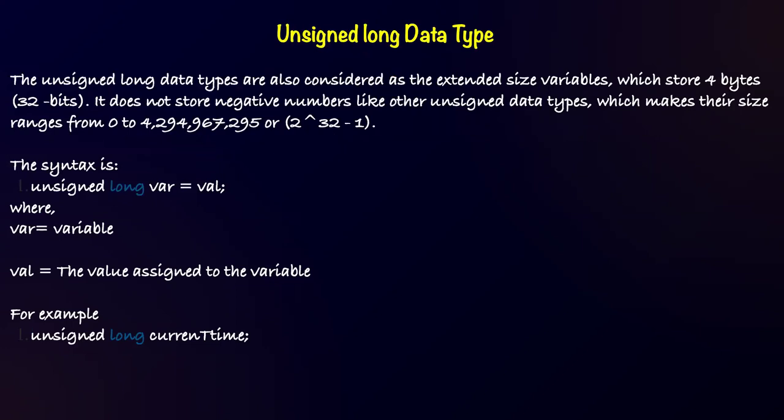Unsigned we have seen. Unsigned long is the combination of both of them. The unsigned long data types are also considered extended size variables, which store 4 bytes, that is 32 bits. It does not store negative numbers like other unsigned data types, which makes their range from 0 to 4294967295, or in short, 2 to the power 32 minus 1.